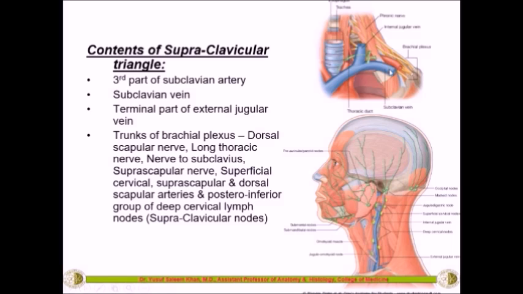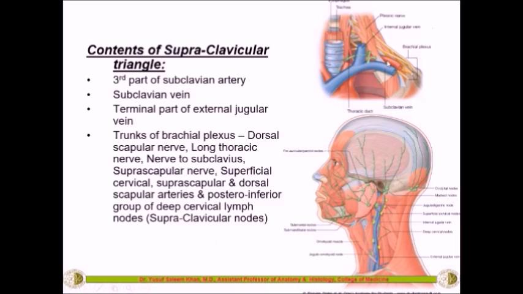Together they are called the brachial plexus because they come here and form a plexus, and then they divide and become the nerves of the upper limb, which will be supplying different parts. So this plexus of nerves here is called the brachial plexus, and these nerves will give rise to many important nerves, and this can be seen in this triangle. So this is also a very important major content here.